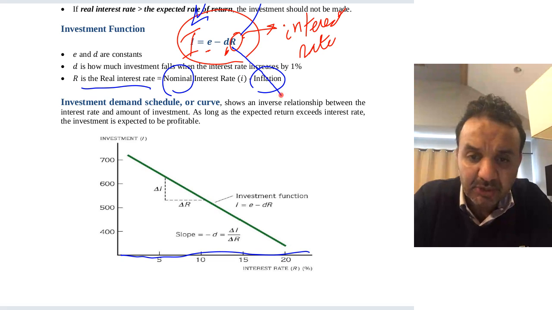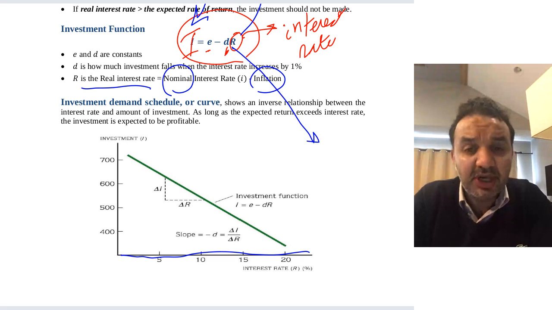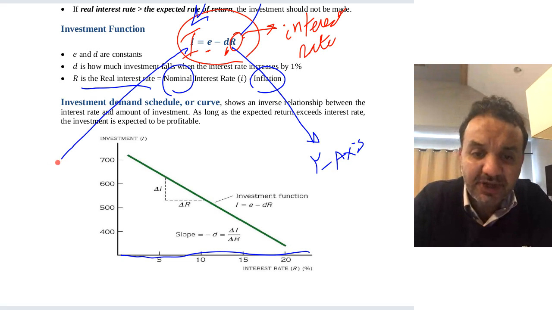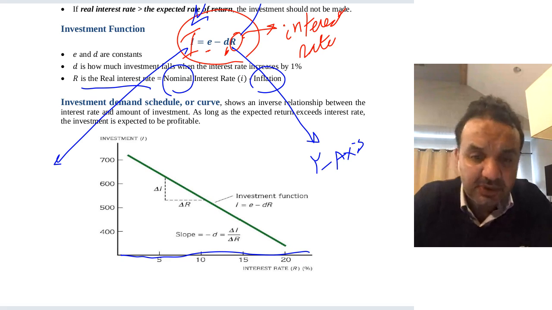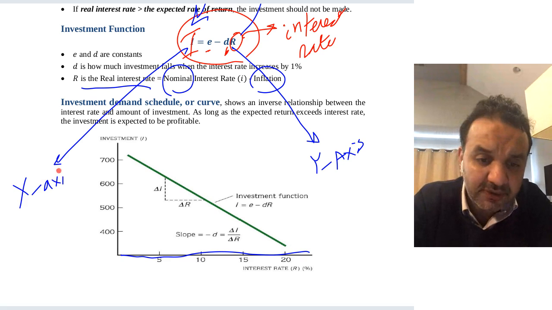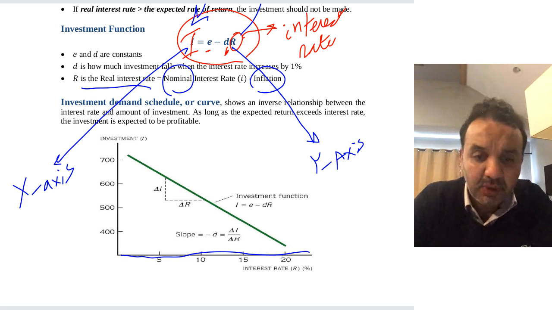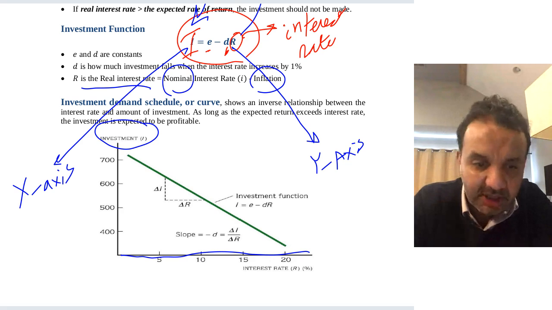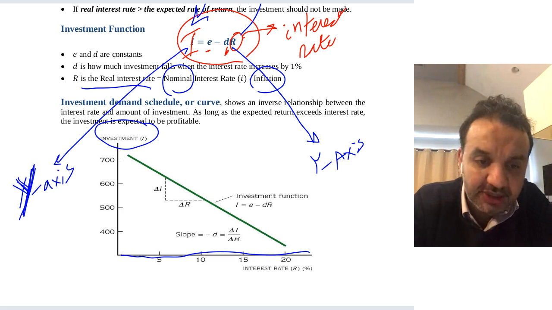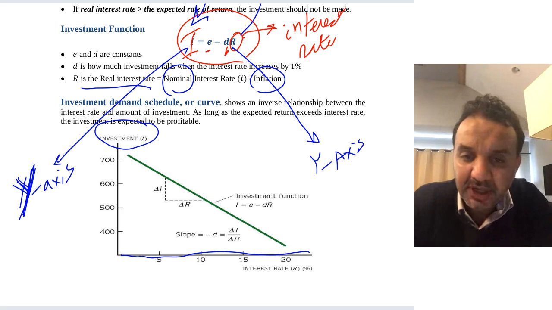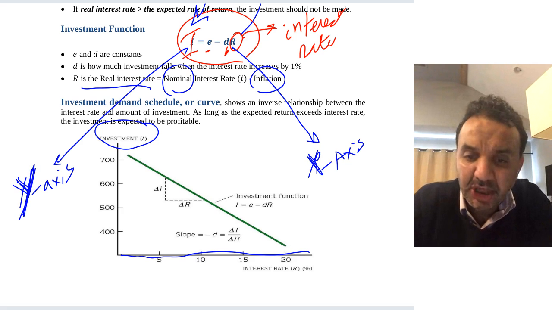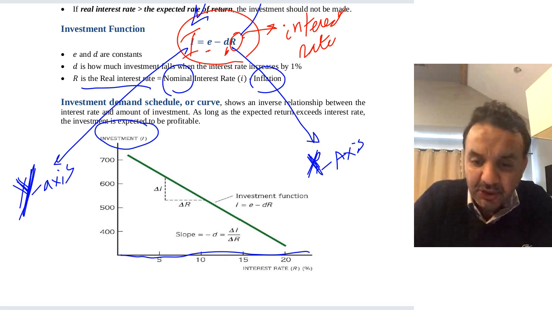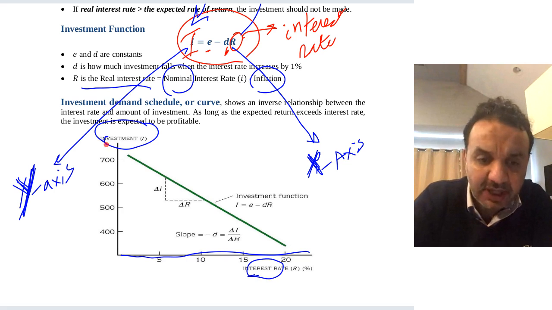Interest rate is the independent variable, and investment is the dependent variable. Sorry, again: investment is the dependent variable, so it goes on the Y axis, and interest rate is the independent variable, so it goes on the X axis. So the interest rate is on the X axis and investment on the Y axis.